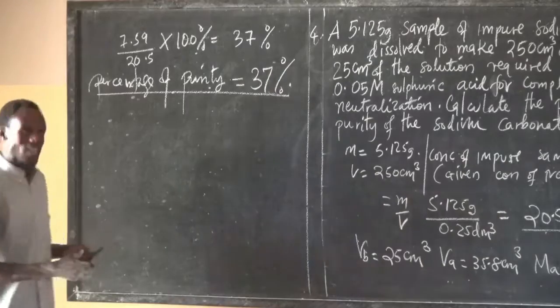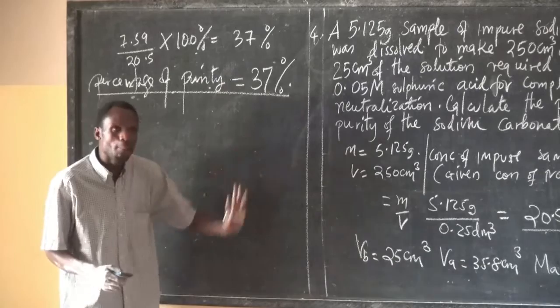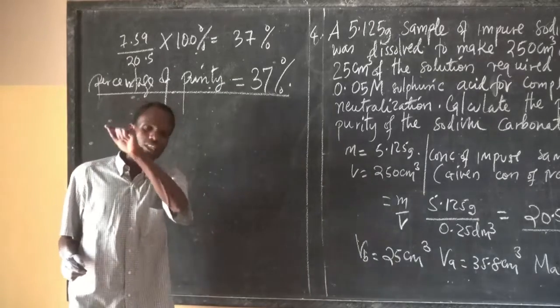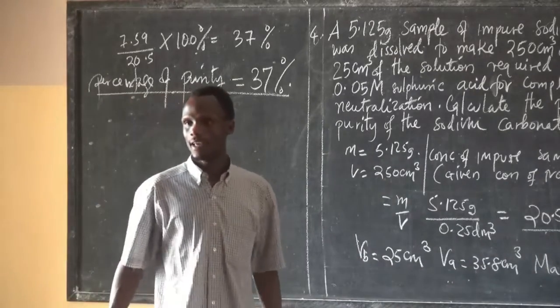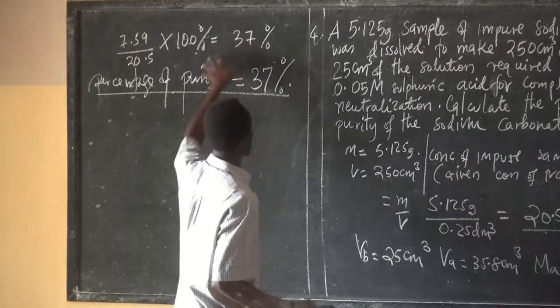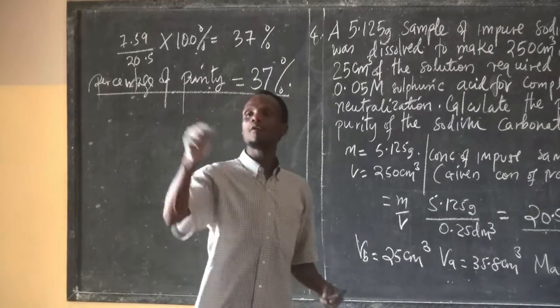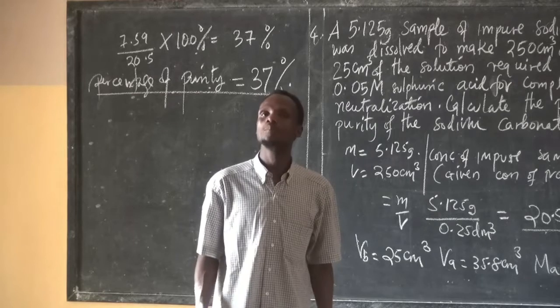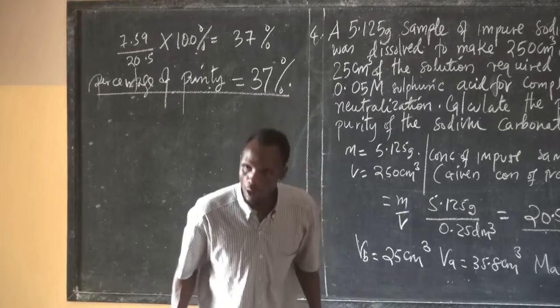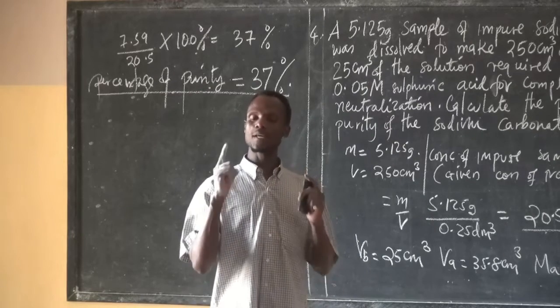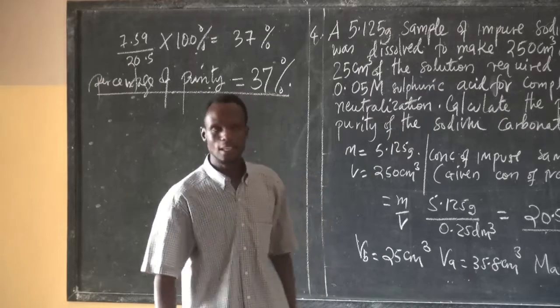Sometimes you can be asked to determine the percentage of impurity. If you have determined the percentage of purity, it is simple to determine the percentage of impurity. How? Because the total percentage is always 100%.